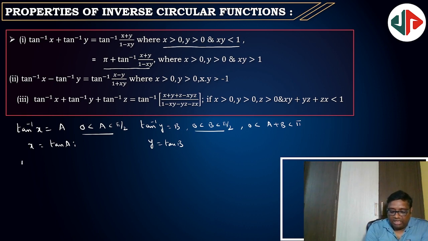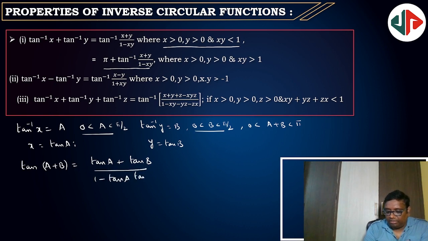Now here consider tan of x plus y. Consider tan of a plus b. The tan of a plus b value is always equal to tan a plus tan b by 1 minus tan a into tan b.